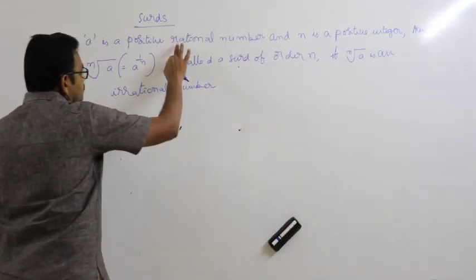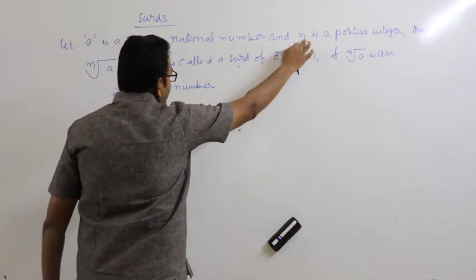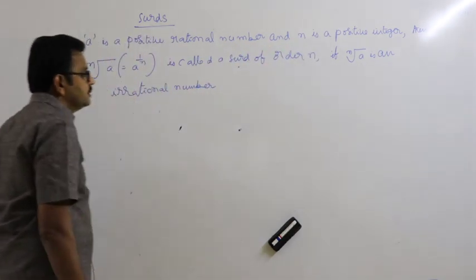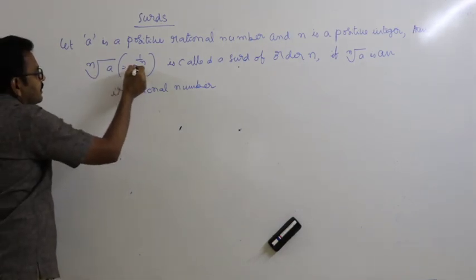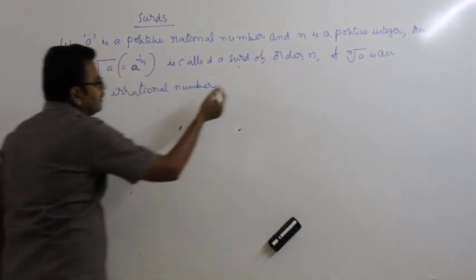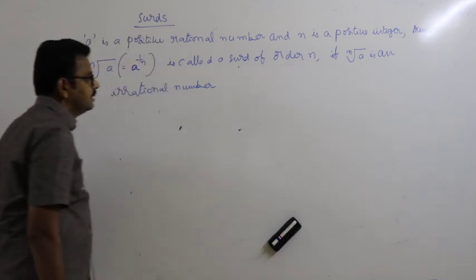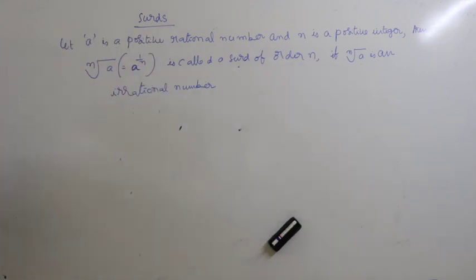A is a positive rational number and n is a positive integer. Then the nth root of a, that means a power 1 by n, is called a surd of order n if the nth root of a is an irrational number.